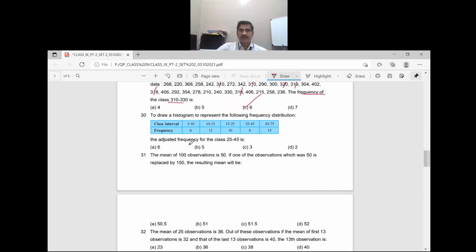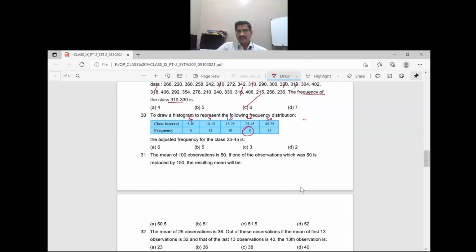interval 25 to 45. Here, you know, we have different class sizes. The class sizes are 5, 5, 10, 20, and 30. Amongst them, the smallest is 5. So I have to adjust to 5, the smallest. And they are asking to look for this one.